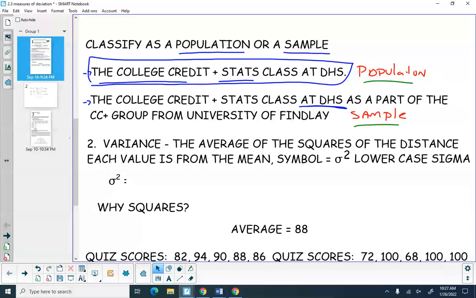The symbol we use is a lowercase sigma. Now, the other day we did the big sigma. It looked like an E, a pointy E.